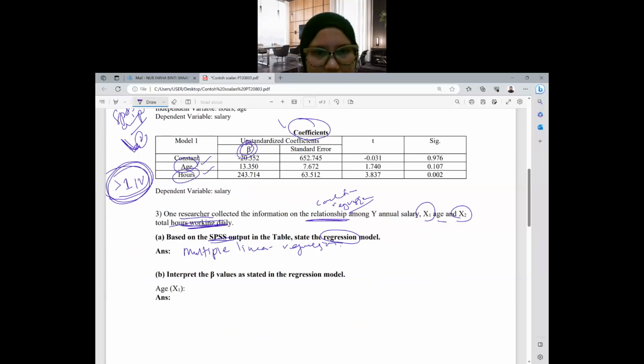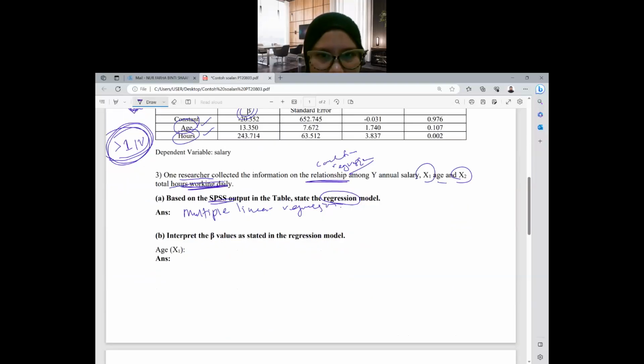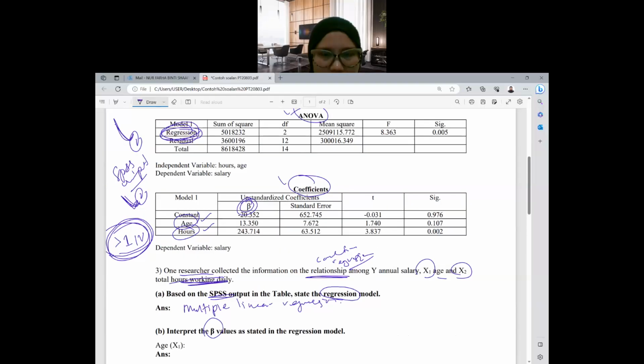All right, next: interpret the b value as stated in the regression model. The question asks you to interpret the b, which is beta, as stated in the regression model. If you go back to the table, the beta value is here.